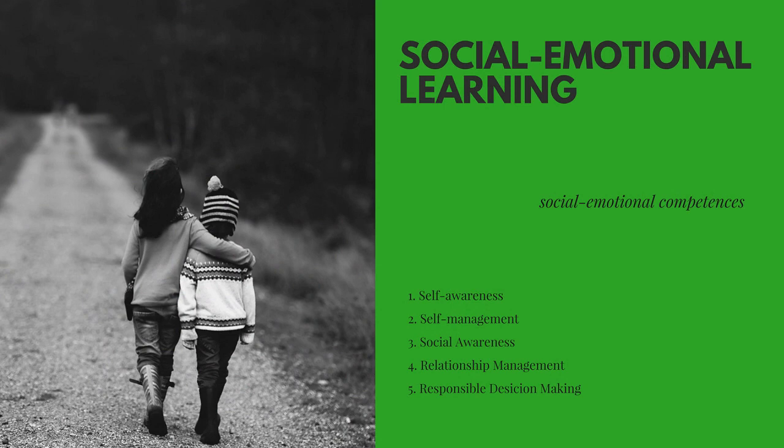Well, social emotional learning. Social emotional learning is a different way to teach. In this process, we can find the development of the student's social emotional competencies, which are self-awareness, self-management, social awareness, relationship management, and responsible decision making.